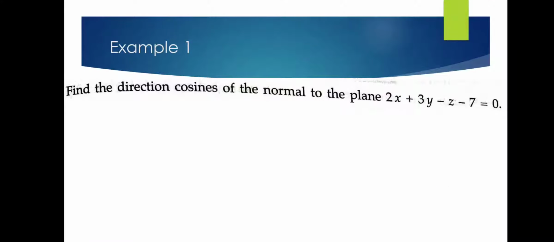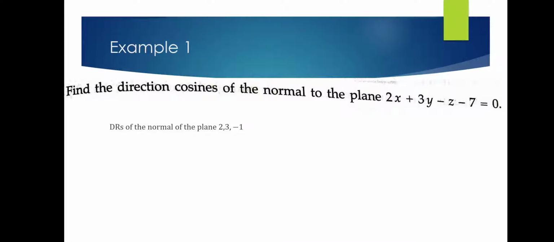Now let us take few examples and understand. Now the first question is, find the direction cosines of the normal to the plane 2x plus 3y minus z minus 7 equals to 0. Now looking at the equation of a plane, you can first find the direction ratios. From there you can find the direction cosines. So looking at the equation of the plane, I can directly say that the direction ratios are 2, 3, and minus 1.